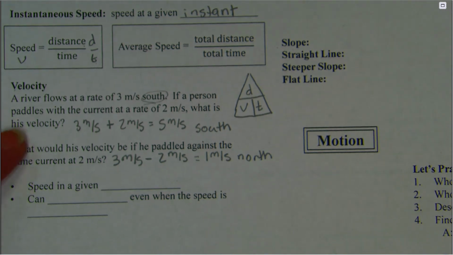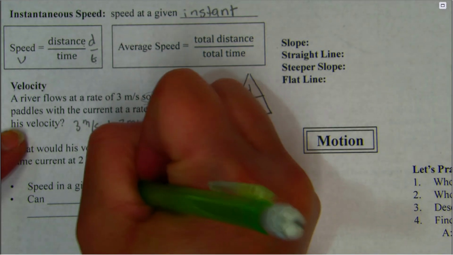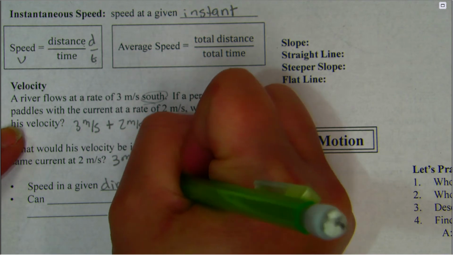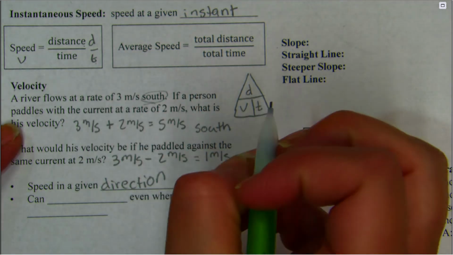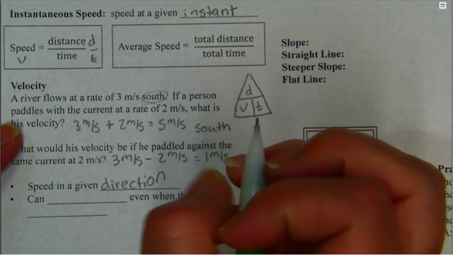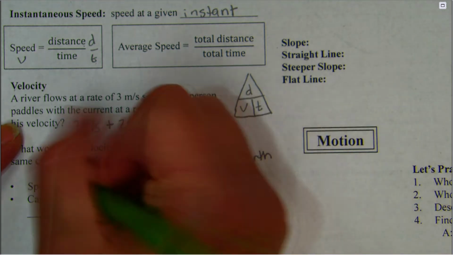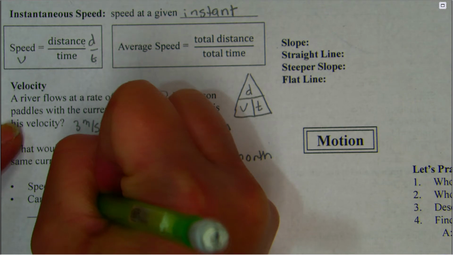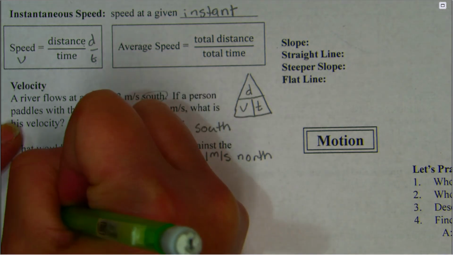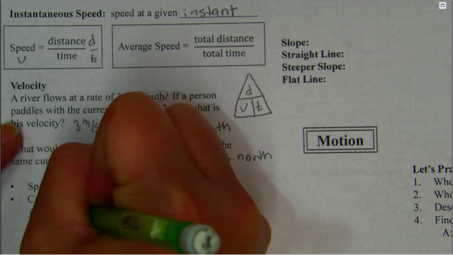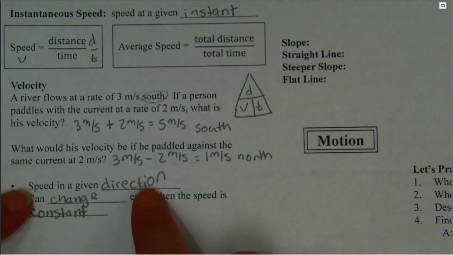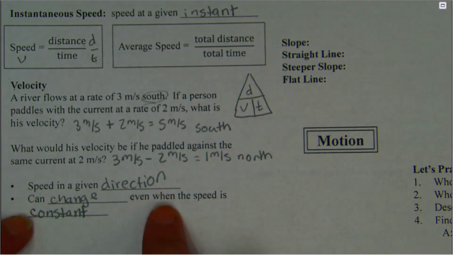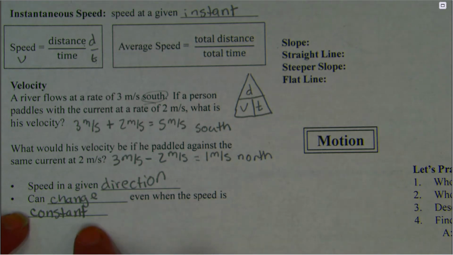So speed can be given in any direction. And velocity is speed in a given direction, and it can change even if the speed is constant.